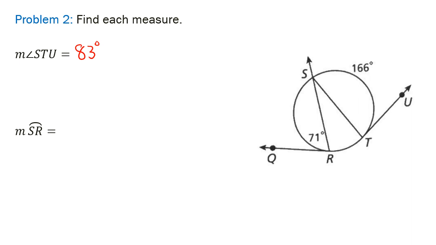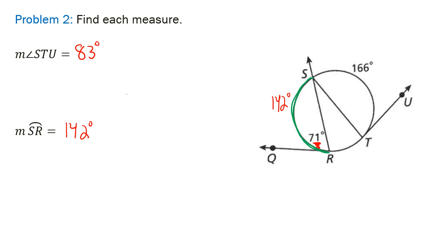All right. And then they want us to find the arc measure for SR. So they want us to find this arc measure here. And its inscribed angle is 71 degrees. So that means its arc would be double that. So 71 times 2 is 142 degrees.